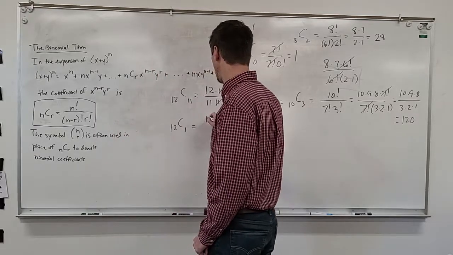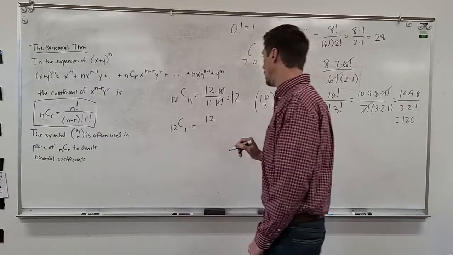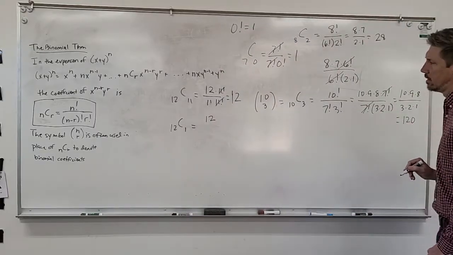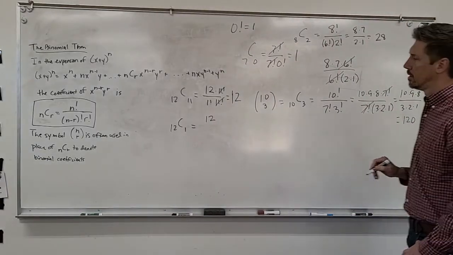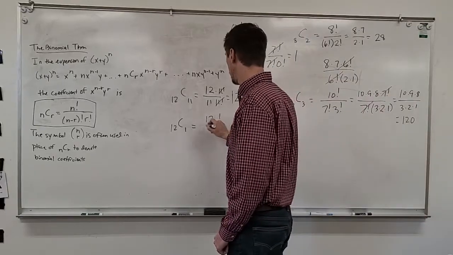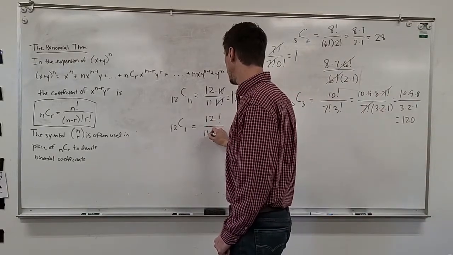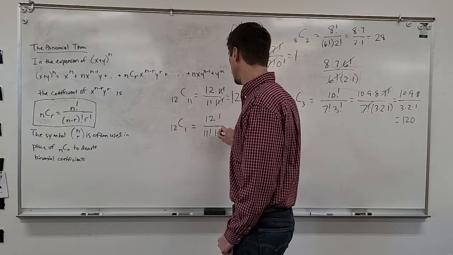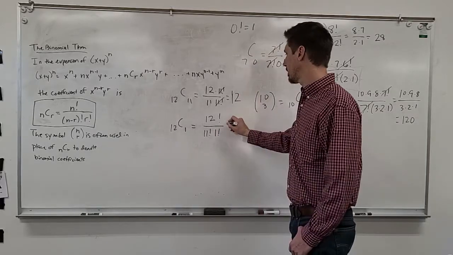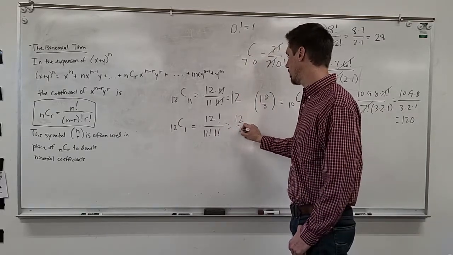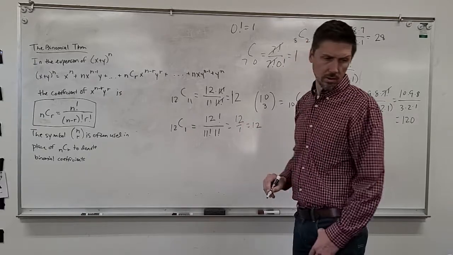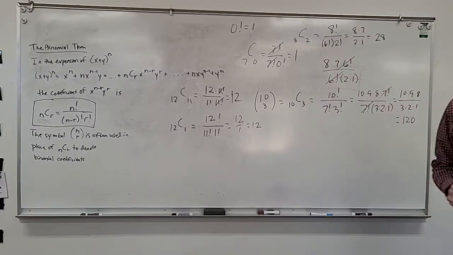So we have 12 on the top and 1 on the bottom. So that's 12 factorial over 11 factorial and 1 factorial. Right? So that becomes 12 over 1 also, which equals 12.